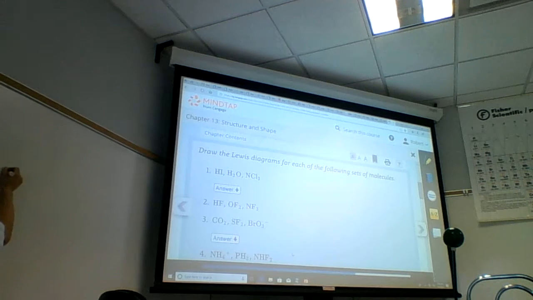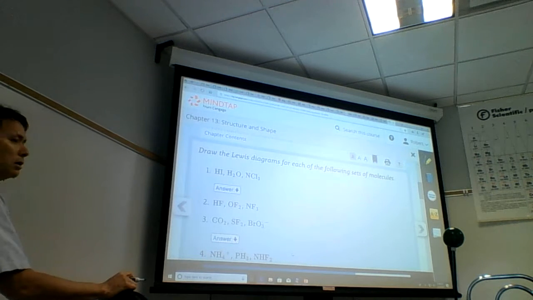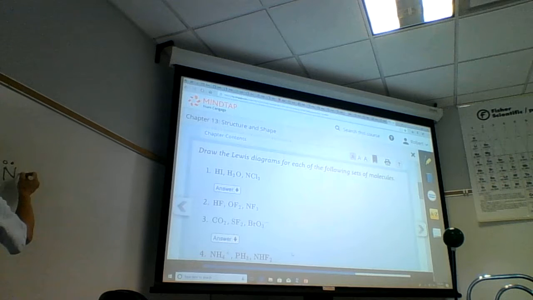Well, let's draw the Lewis structure for this. Actually, we're going to go beyond drawing the Lewis structure. If you draw the Lewis structure, what does it look like? But this doesn't really show the shape. What would the Cl angle be?